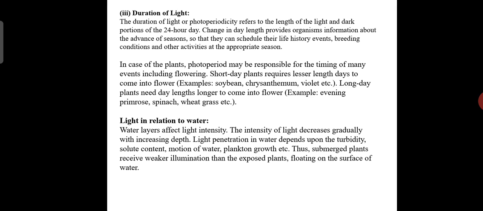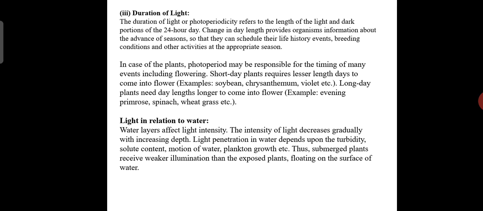So change in day length provides organisms information about the advance of a season so that they can schedule their life history events, breeding conditions, and other activities at the appropriate season. In case of plants, photoperiod may be responsible for the timing of many events, including flowering.